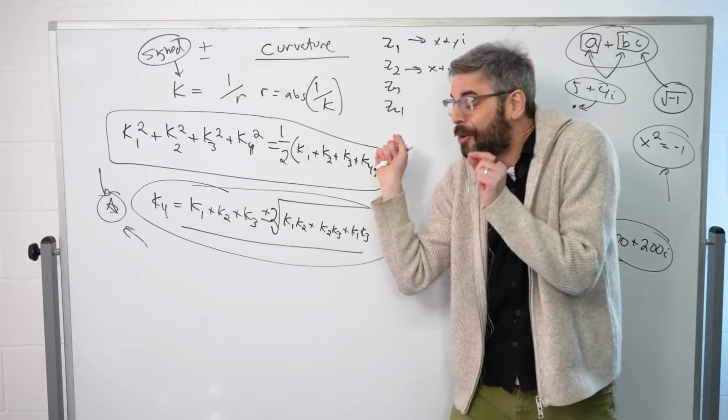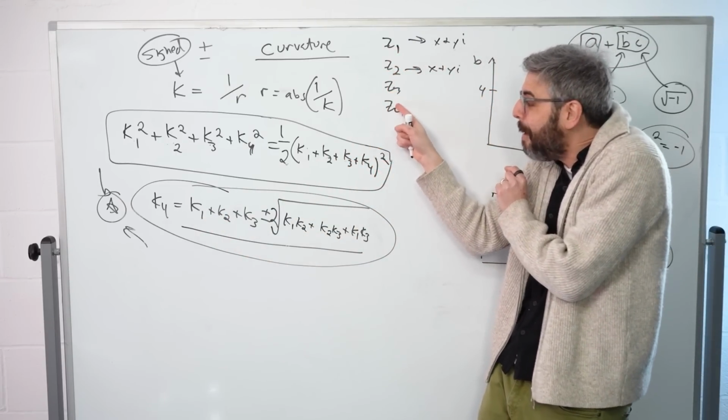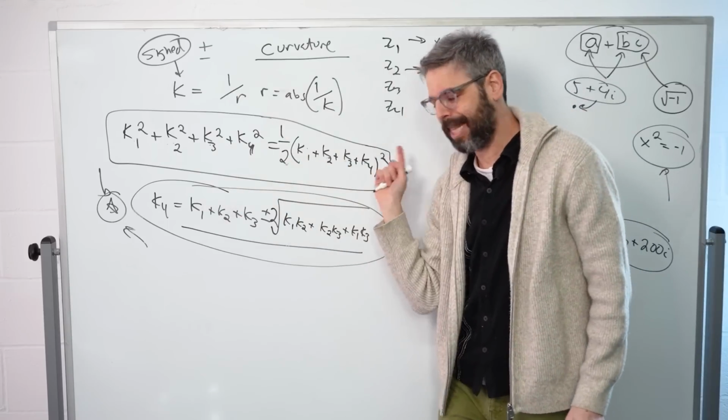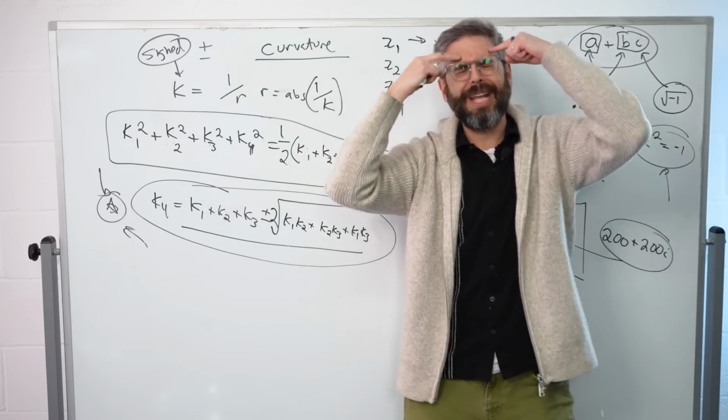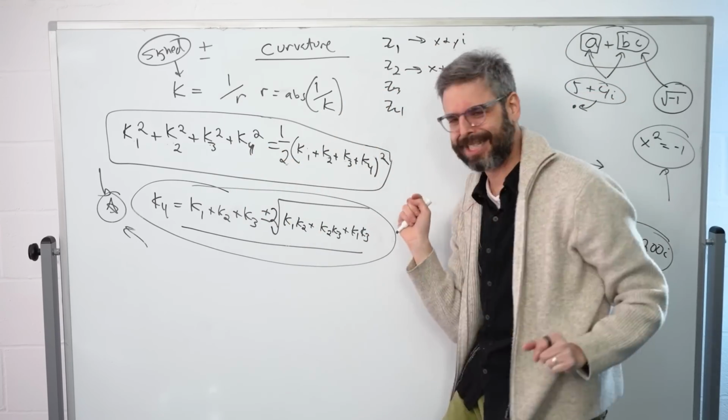The same equation applies if I take those complex numbers and multiply them with the bends. So in other words, the product of the bends and the centers satisfy this exact equation.